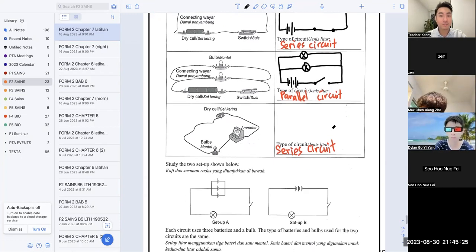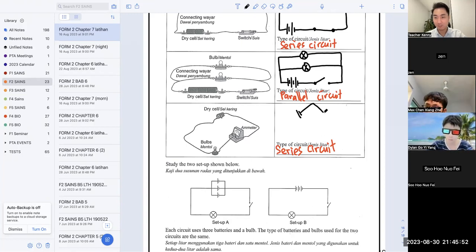And lastly, try this. Now my dry cell is up here. So dry cell, correct? Ammeter. Yeah, no space.